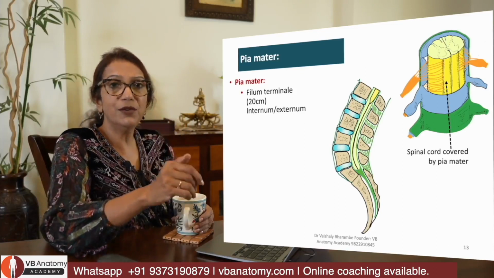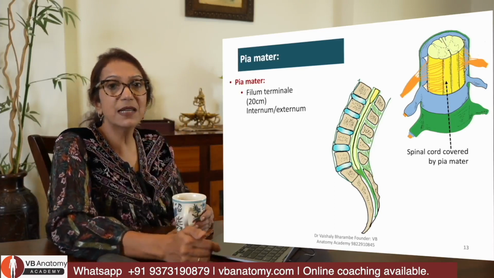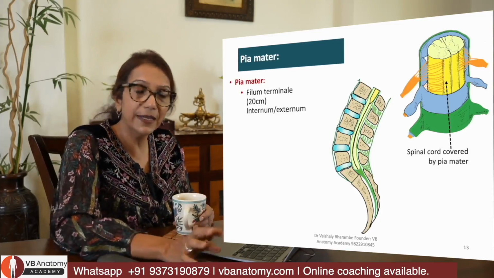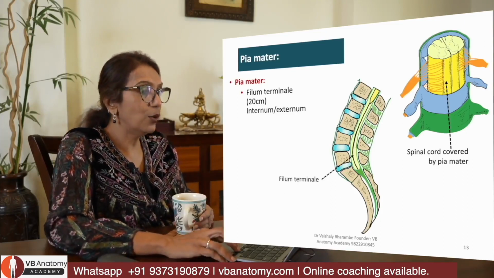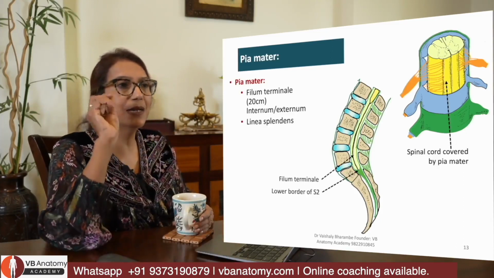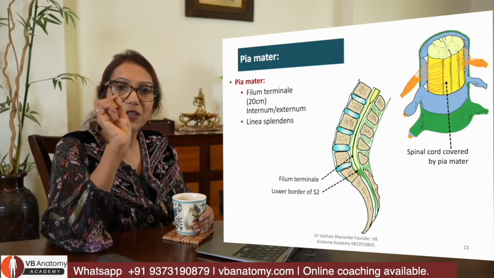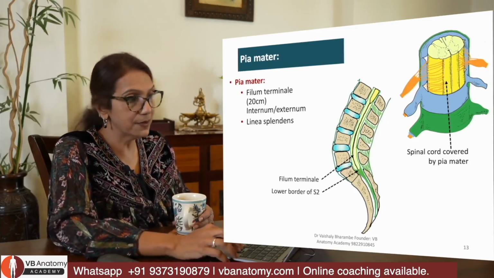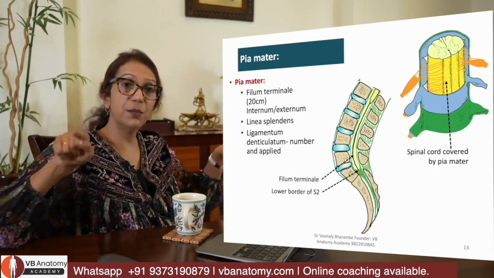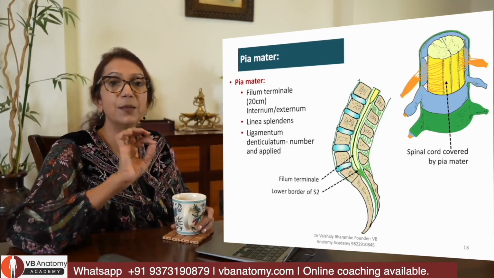The distal part of it lies outside the subarachnoid space, measures 5 centimeter. Is that clear? The pia mater also gets thickened anteriorly on the spinal cord to form a glistening white colored structure called linea splendens. It gives rise to projections which are called ligamentum denticulatum.